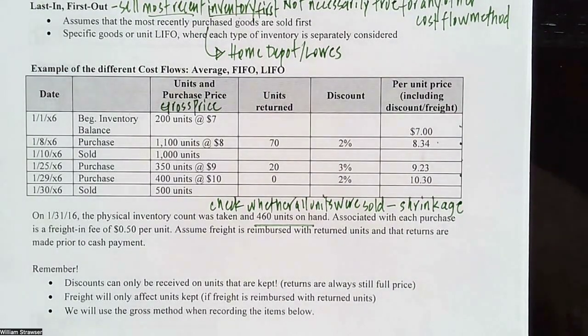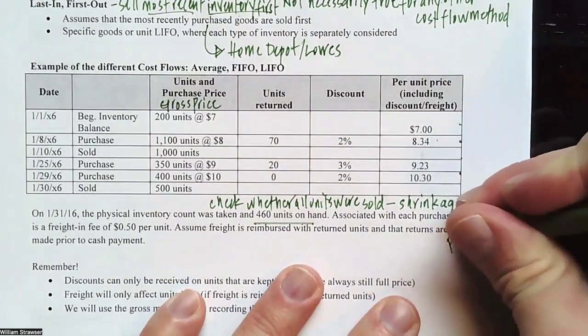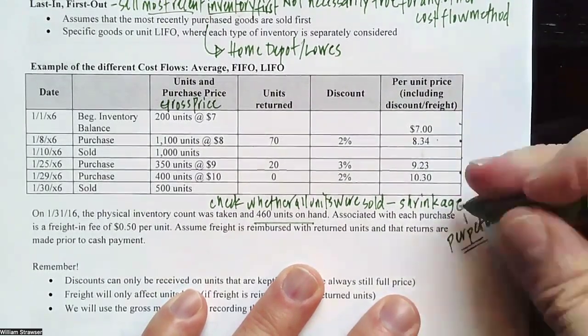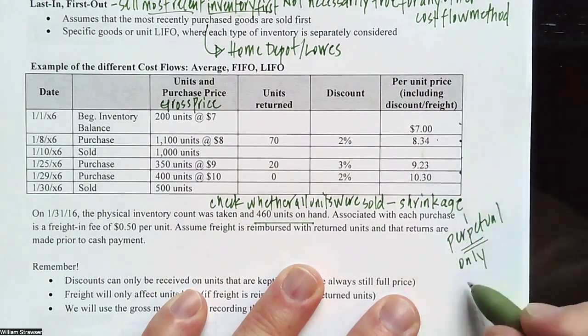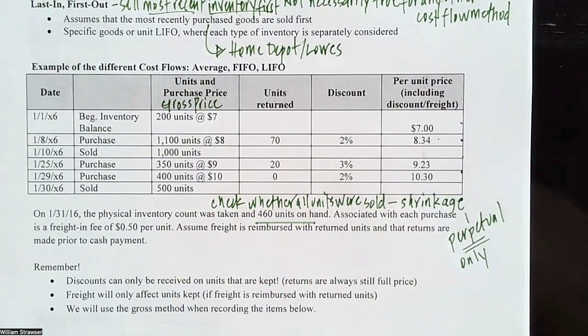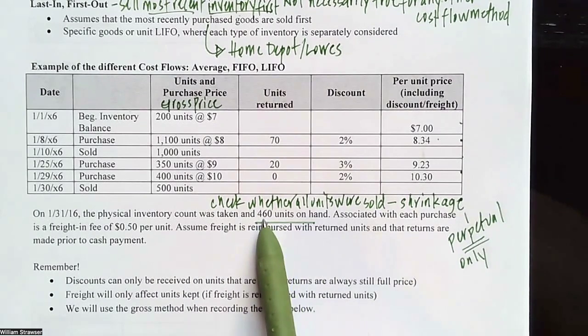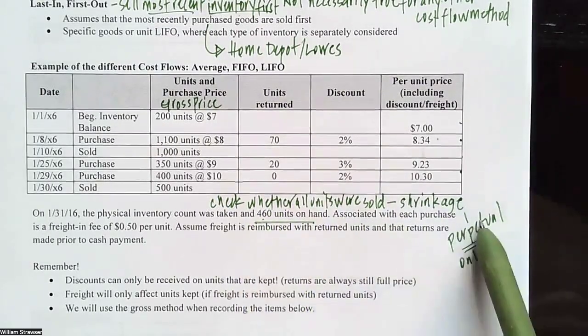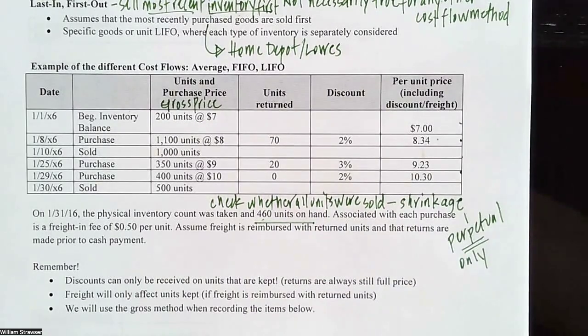What that can be useful in determining, under the perpetual method, is how much shrinkage I need to record. But remember, it's the perpetual method only that we can record shrinkage, and we'll see why. The periodic method just takes that number of units and assumes that anything that's missing from this 460 had to have been sold. So this whole check is only for the perpetual method.